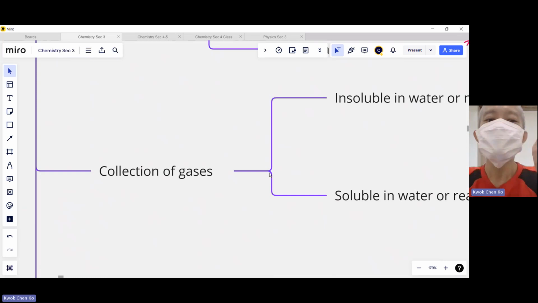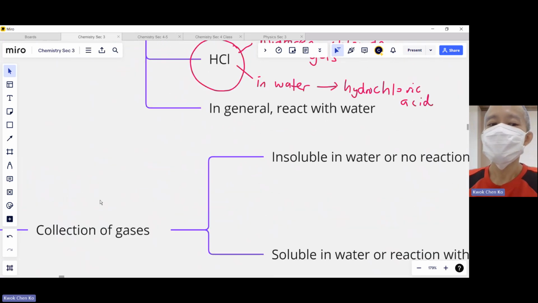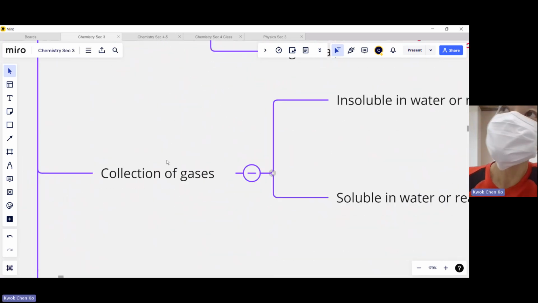But if they use the word collection of gases, you can use these few methods here, or you can also use gas syringe. Take note, gas syringe can also collect gases. But what is the disadvantage of gas syringe? Just now I mentioned a bit, but I didn't use the word disadvantage.